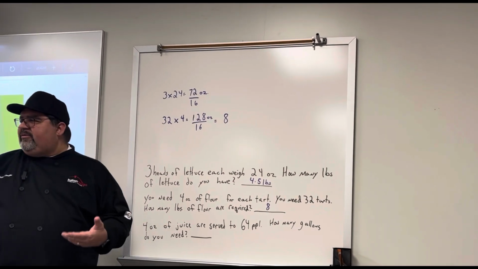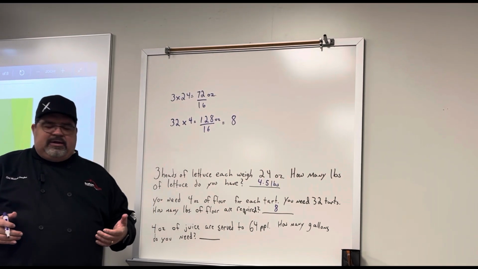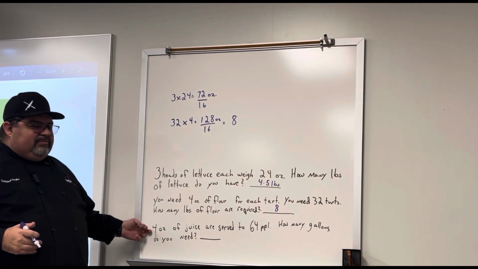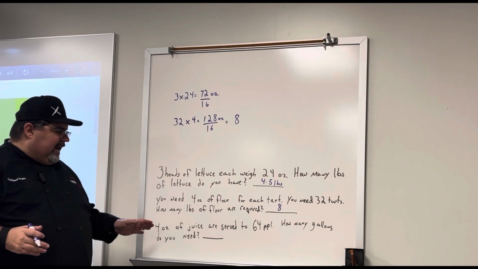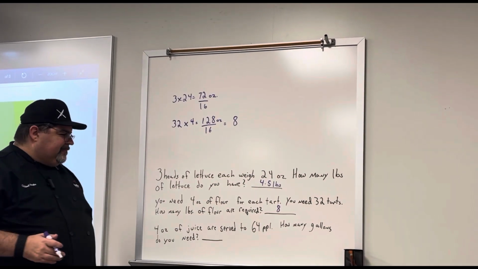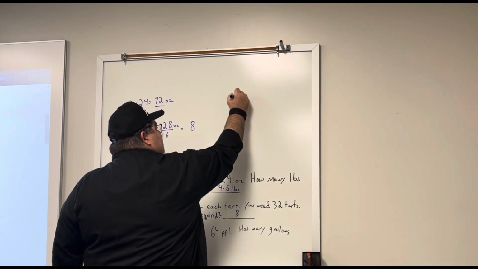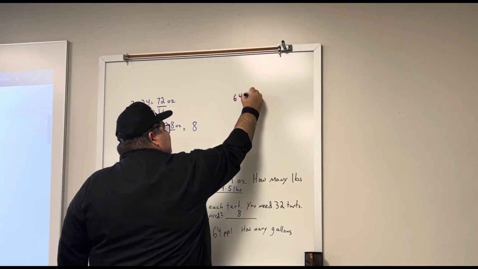Frequently, if we're catering something and we need to figure out how much liquid we need to have on hand, if we're guessing we need 4 ounces of juice served to a total of 64 people, we're going to say we have 64 times 4.